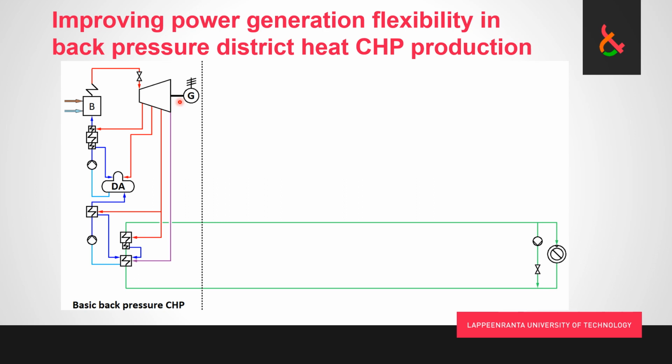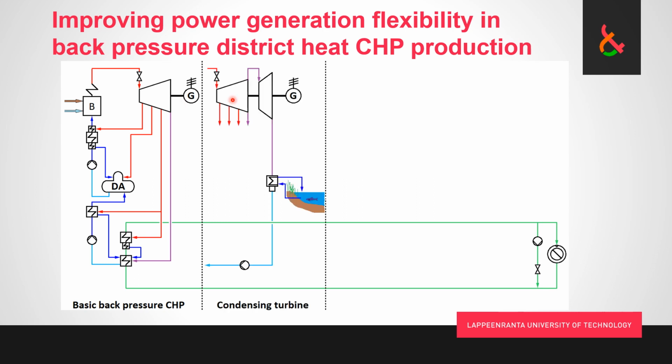So option number one, kind of the simplest and in a sense also the most effective, is that we simply add a condensing turbine. This is often called a condensing tail because it comes at the back end of the back pressure turbine. Simply a condensing stage which effectively converts our back pressure plant into something that is functionally equivalent to a condensing power plant with extraction heat production.